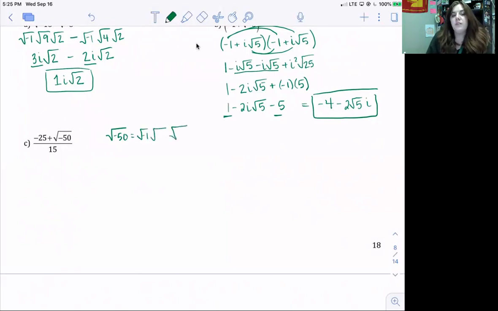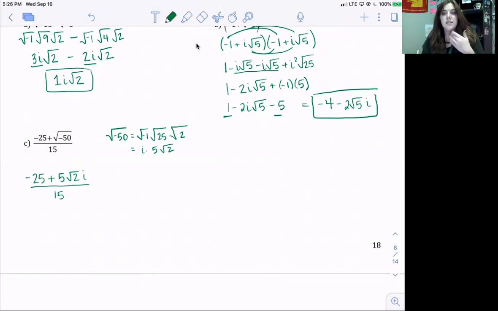So 50 can be divided by 25 and 2, because 25 is a perfect square. So this gives us i times 5 times the square root of 2. So if we plug that back in, we have negative 25 plus 5 square root of 2 times i, all divided by 15.